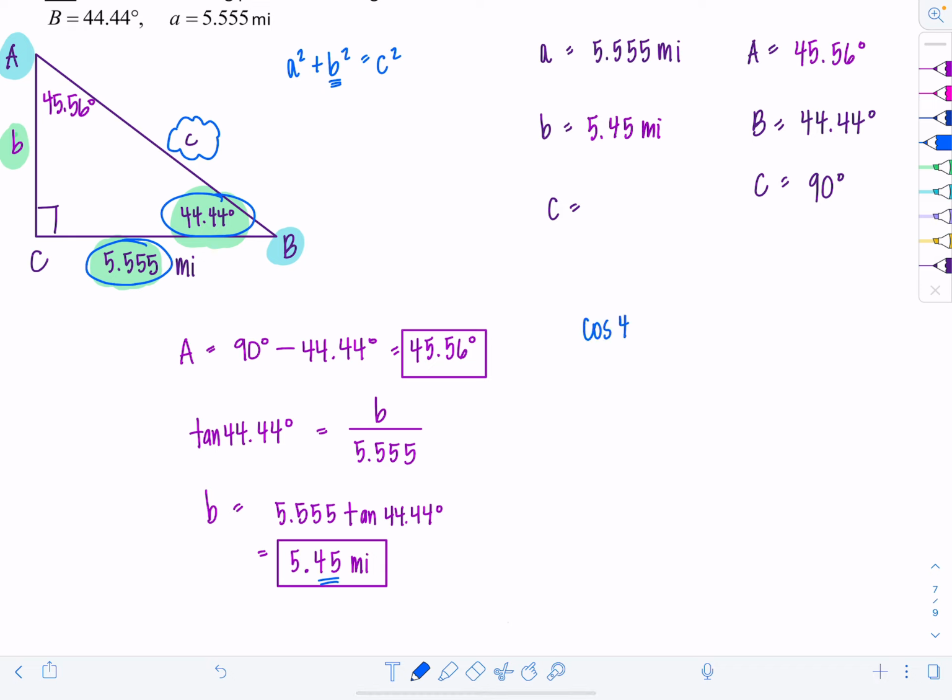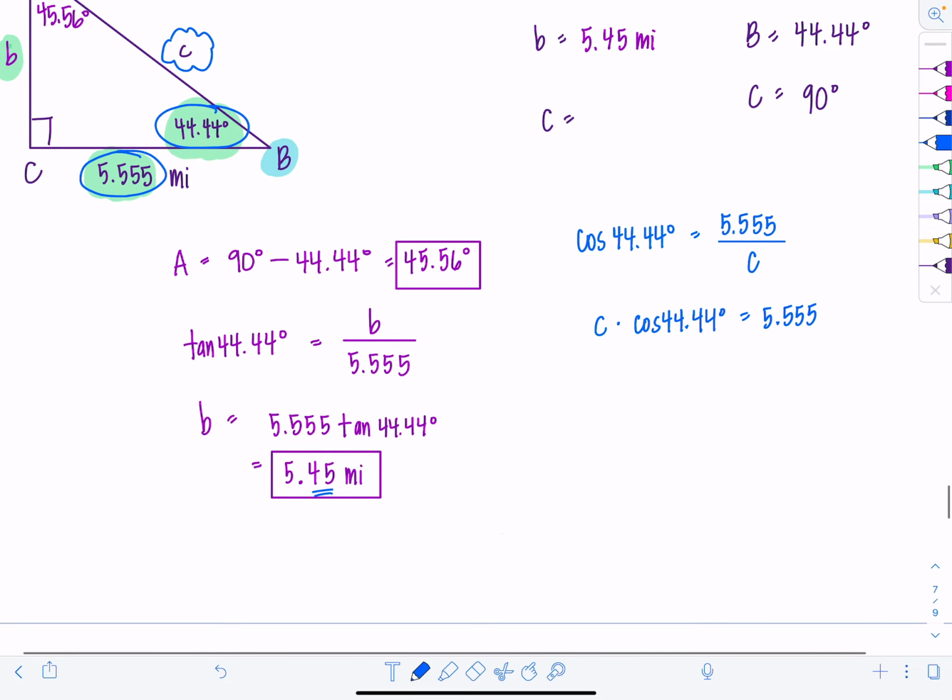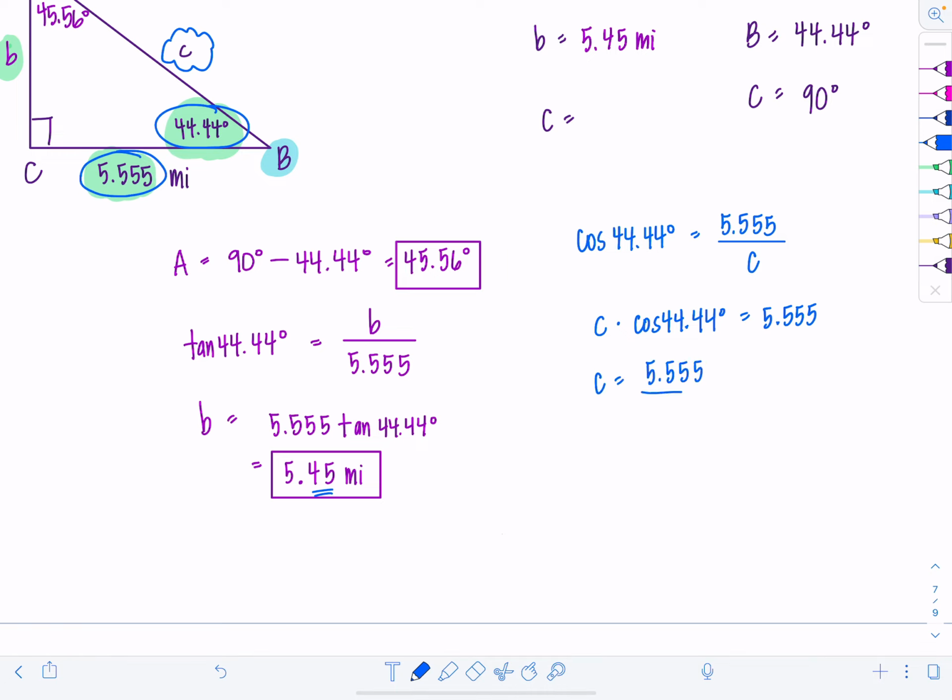So that means cosine of 44.44 degrees is equal to 5.555 divided by C. Okay, multiplying both sides by C, I have C times cosine of 44.44 degrees equals 5.555. So that means side C equals 5.555 divided by cosine of 44.44 degrees.